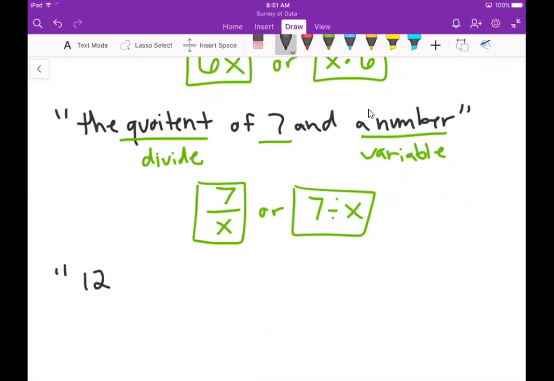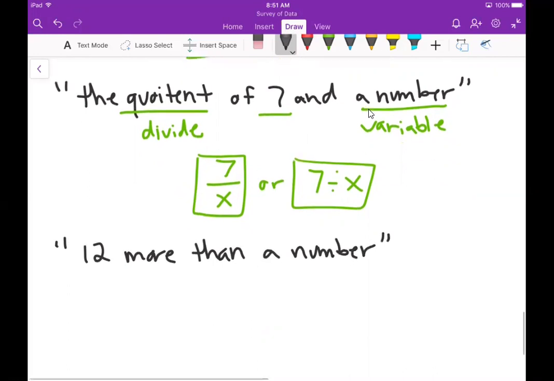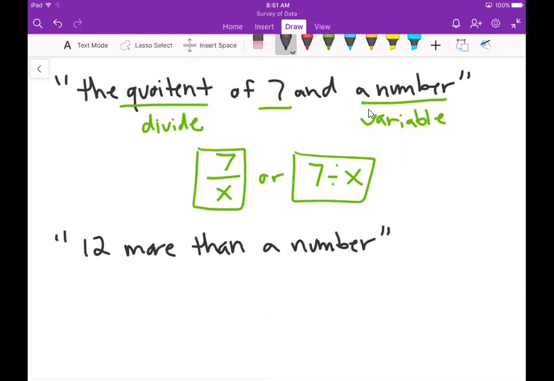All right, 12 more than a number. Okay, if I have 12 more than a number, that's not saying 12 is greater than a number, right? I have 12 more than whatever number I'm already at. So this is where I'm adding. This is addition.